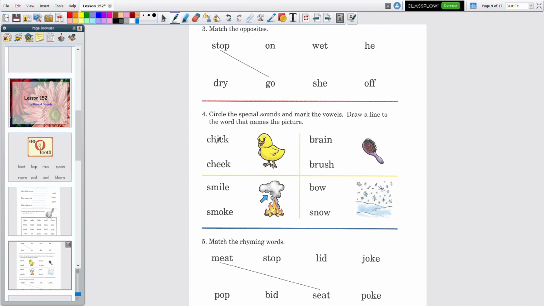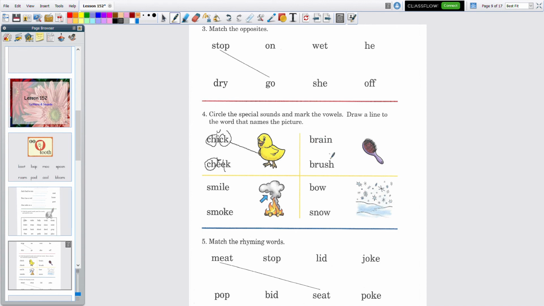You need to circle all of the special sounds on all of the words, even though one of them isn't the word that goes with the picture. You still need to circle and mark. So let's read it. Ch-ik, chick. Is that a chick? Yes. Ch-eek, cheek. But they both have to be circled and marked. Okay, and then you go draw a line to the right one.